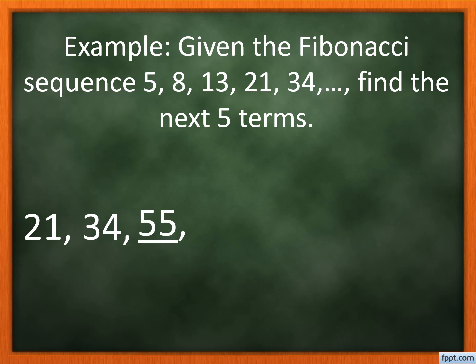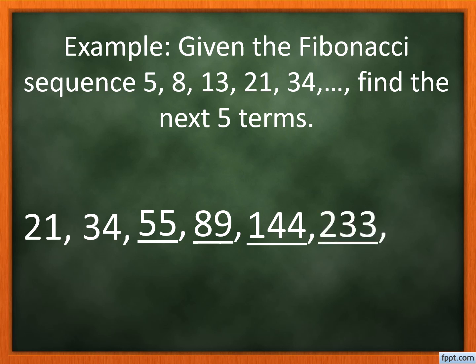Next would be 55. 34 plus 55, we have 89. 55 plus 89, we have 144. 89 plus 144, we have 233. And lastly, we have 377. So the next 5 terms of this Fibonacci sequence are 55, 89, 144, 233, and 377.